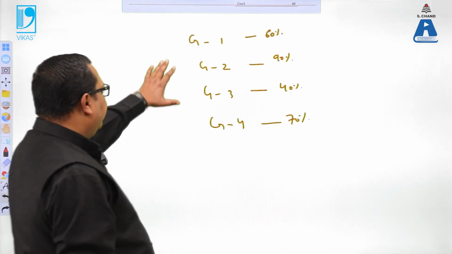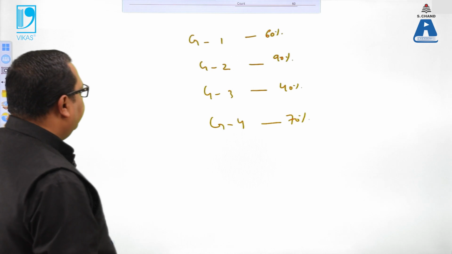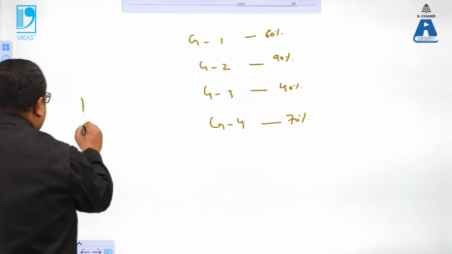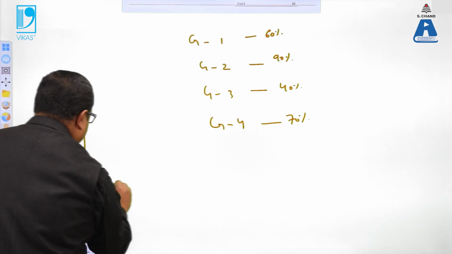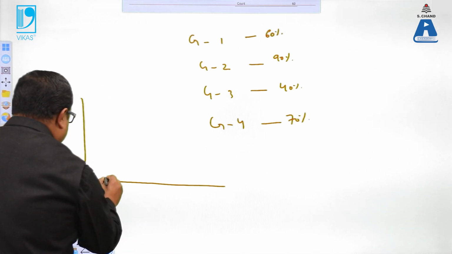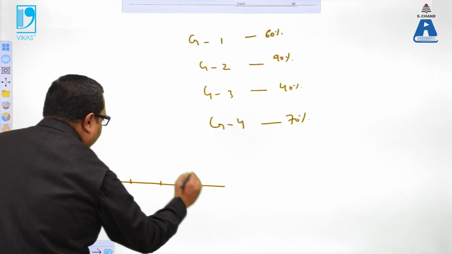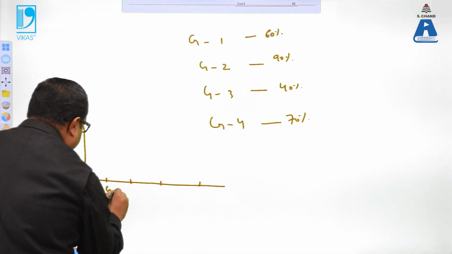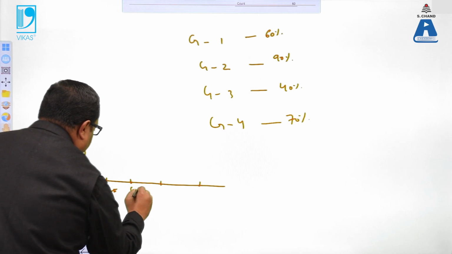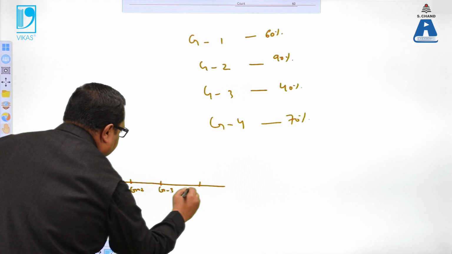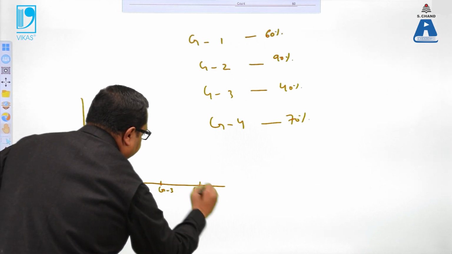So we can see group 1, group 2, group 3. We have written it, but when we make the graph, this is group 1, group 2, group 3, group 4. So G1, G2, G3 and G4.